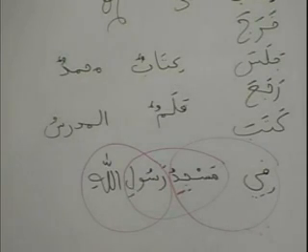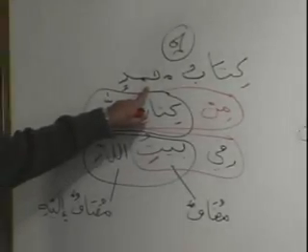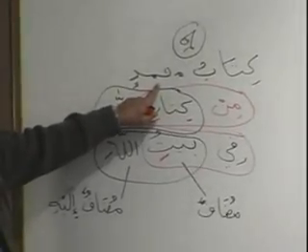Mudaf ilayhi can be definite and can be indefinite. Okay? When you say Kitabu Muhammadin, then it is definite. Are you with me? What is definite? Muhammad is definite. Now please listen to me carefully. I'm saying something extremely important.